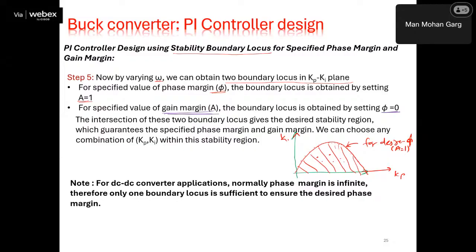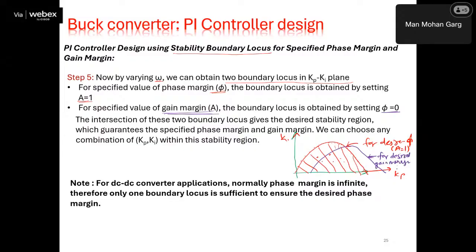So let's say this is the boundary locus for the desired gain margin, and we set phi equal to 0.